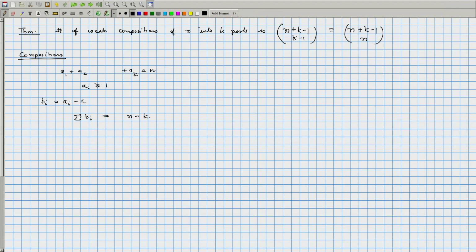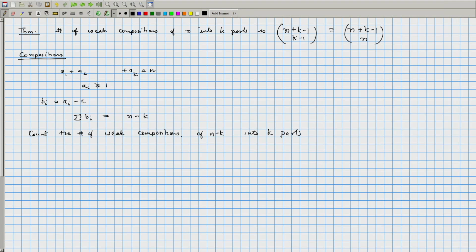So, we can look at a different problem. Instead of trying to count the number of ways of obtaining a1 to ak such that they add up to n and each ai is greater than or equal to 1, we could count the number of weak compositions of n minus k into k parts.